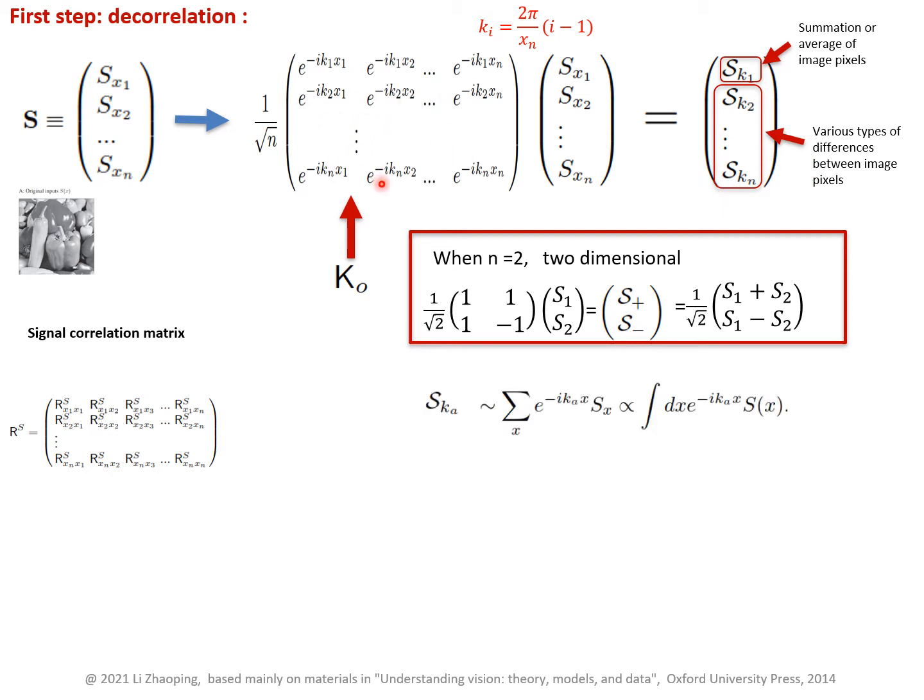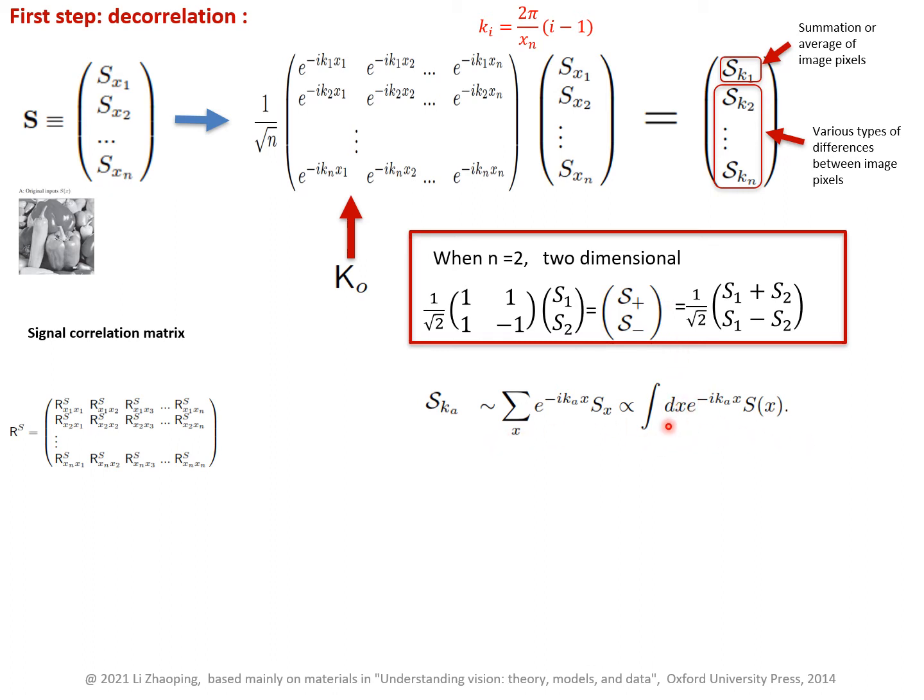We can even calculate it out. For example, let's calculate for S Ka. Imagine this Ka is, let's say, a equal to 2, so it's this component SK2. Therefore, you plug in all these values times that value. The sum over all these x, you can also write in this integration form.